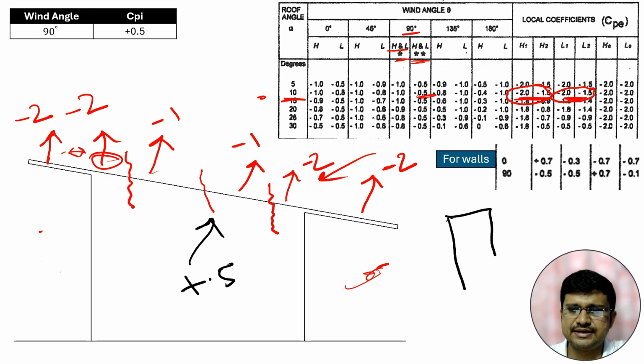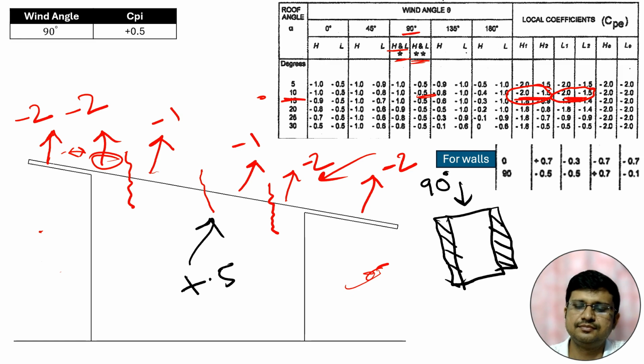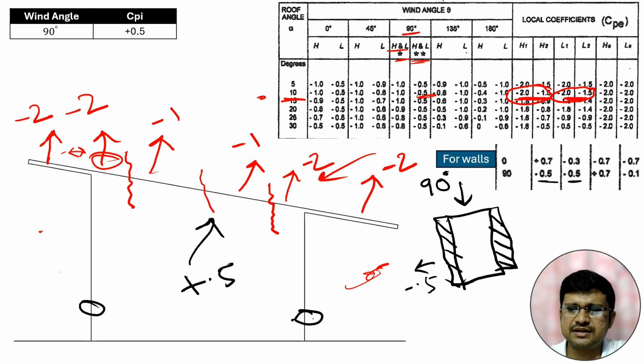Now this is the 90 degree wind angle. When wind is coming from 90 degree, both these overhanging portions are now not windward portions. These are side portions. So for these two slopes, we will consider the CP of the wall. For this wall, this is A, this is B. Here -0.5 CP, here -0.5.